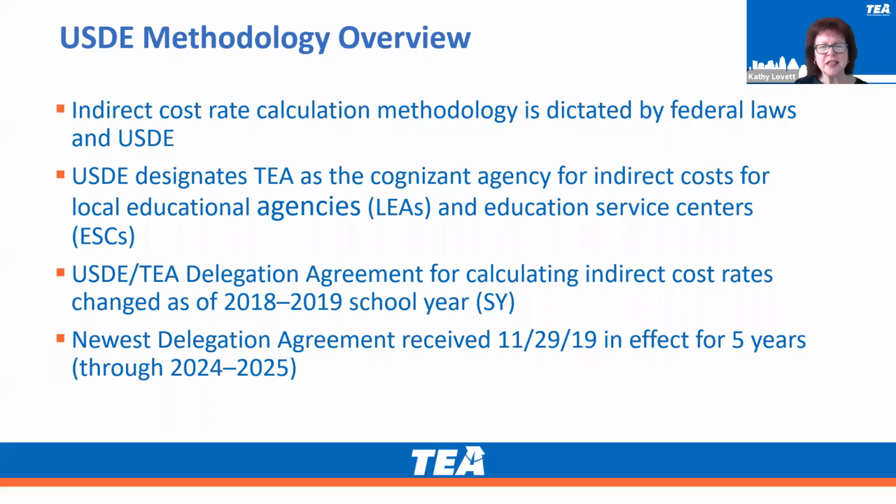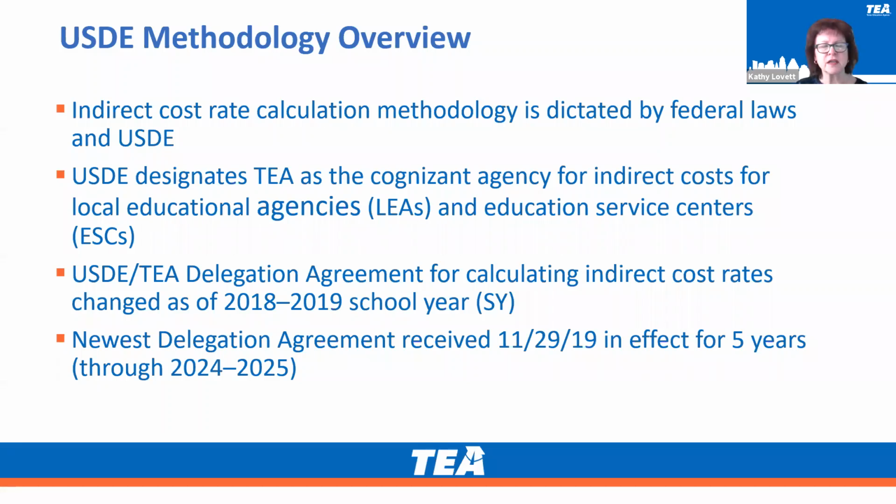The USDE TEA delegation agreement is the agreement that dictates how we calculate rates. That delegation agreement actually changed in 2018-19, but our newest delegation agreement was renewed last November, and it's in effect for 5 years.